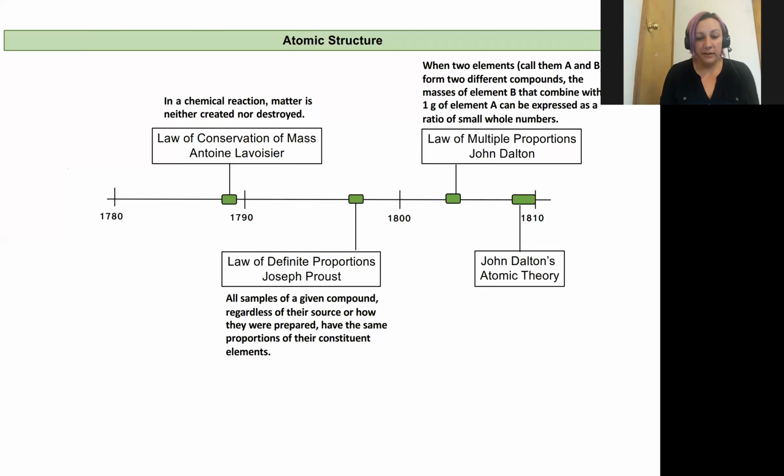Then later on, closer to 1800, the law of definite proportions was developed. It states that all samples within a given compound, no matter what their source or how they're prepared, will have the same proportions of constituent elements. Which means if I figure out a way to synthesize sodium chloride, or if I extract it from an ocean, it will still have the exact same composition if it is sodium chloride.